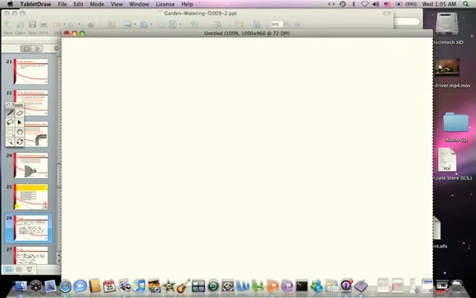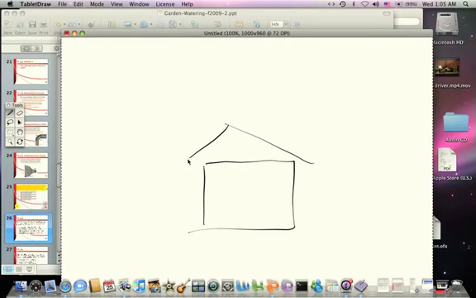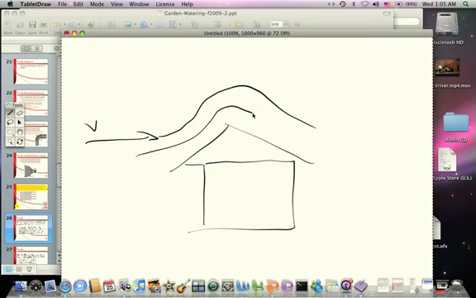Now, here's the picture that you would need. Suppose that you had a house like so that has a roof, and you have a really heavy wind that's flowing over the roof. And again, the idea is that while it goes over the roof at this high rate of speed, there's a centripetal acceleration there, because there has to be.